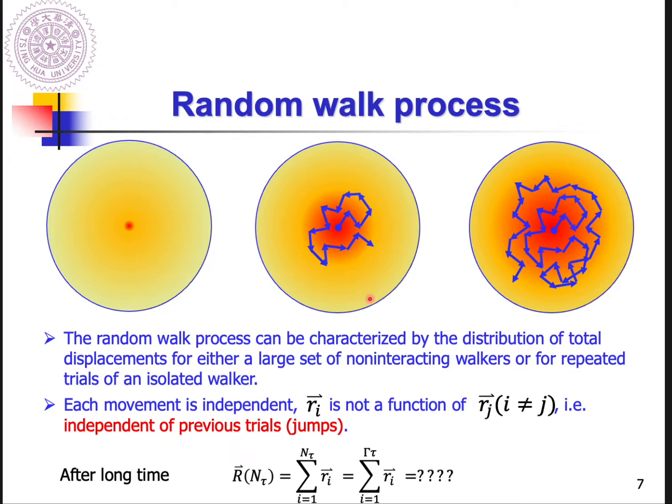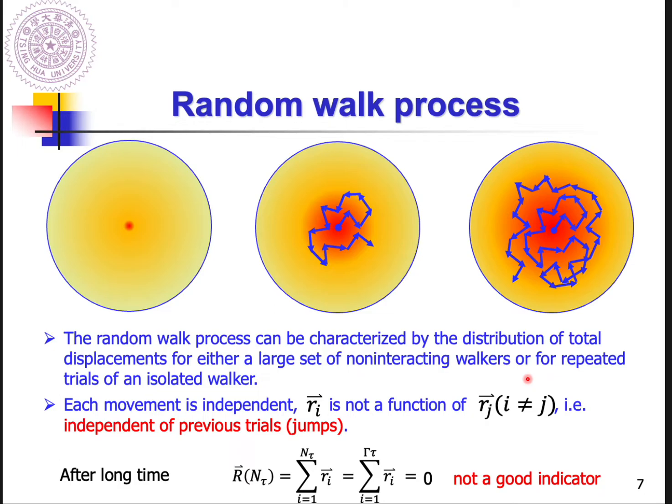As long as n tau is quite large, if you sum all the small r, you get the capital R, the displacement after n tau jumps. If it belongs to a random walk, then the summation equals 0.